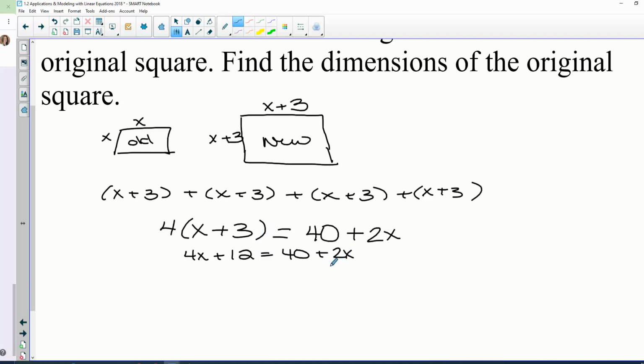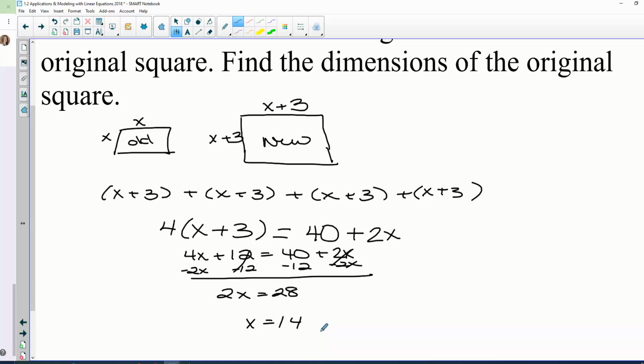If you can skip that work step and you just want to go to the next one, that's fine. So you guys show me what you need to show me. So you can subtract this 2x over, subtract over our 12. So we get 2x equals 28, divided by 2, and x is 14.